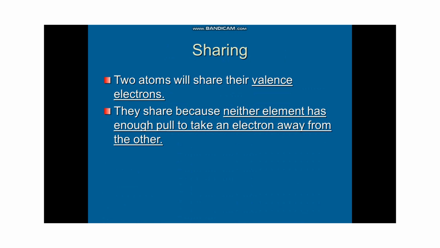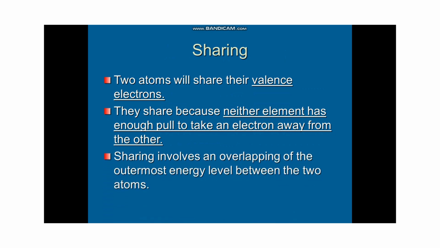They share because neither element has enough pull to take an electron away from the other. It means they are just like friends in a circle, making their deficiencies fulfilled, right? They are not completely giving the electrons to the next.